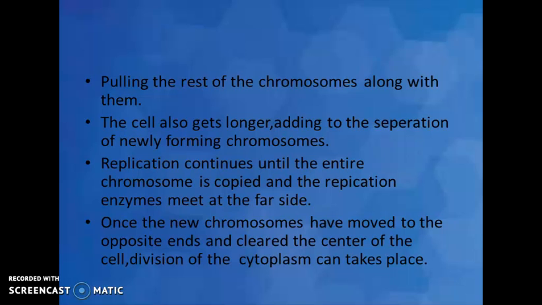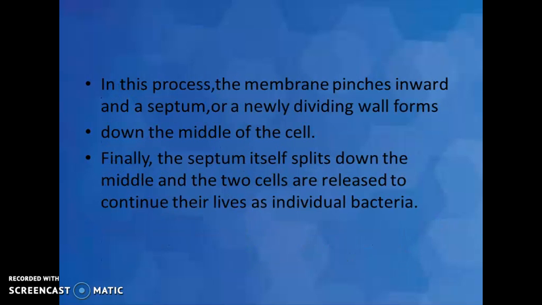There will be a division of the cytoplasm in the center part, after the origins as well as the chromosomes have moved completely towards the opposite ends. In this process, the membrane pinches inward and a septum, a newly dividing wall, is formed down the middle of the cell.